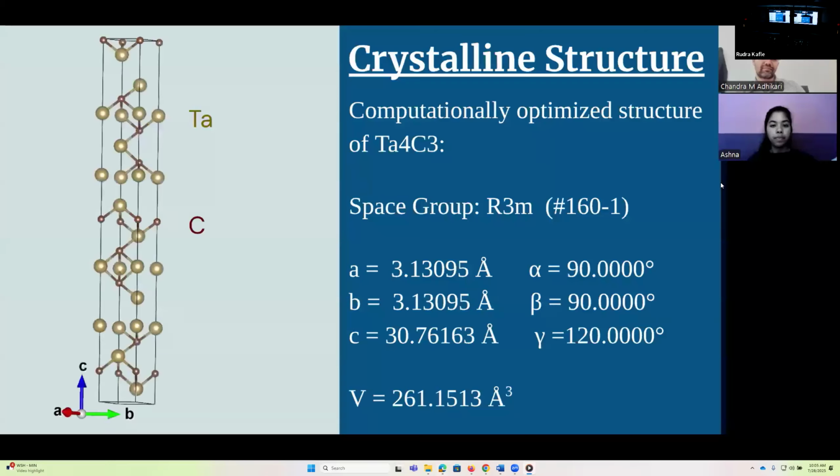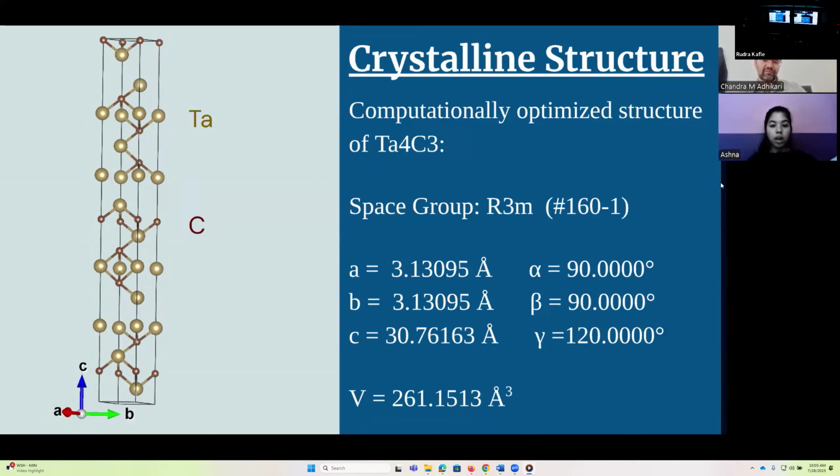The MXene crystalline structure. This is the computationally optimized structure of tantalum-4 carbon-3, shown in the diagram on the left. The space group is R3m, number 160.